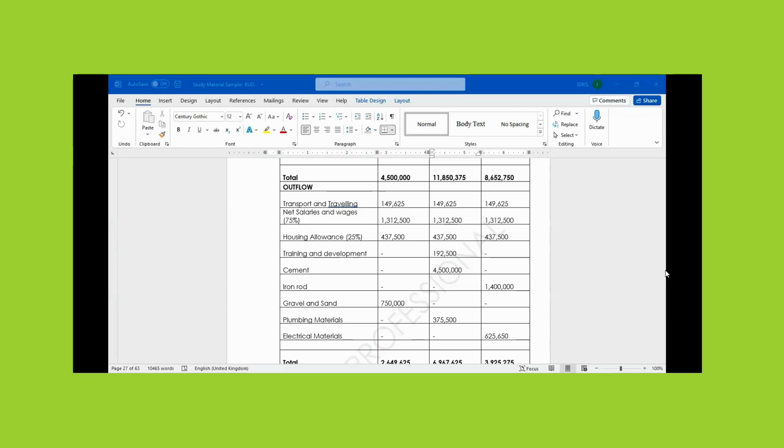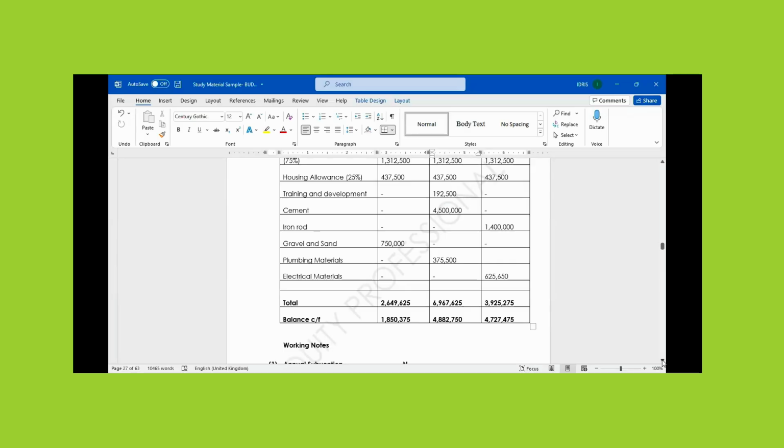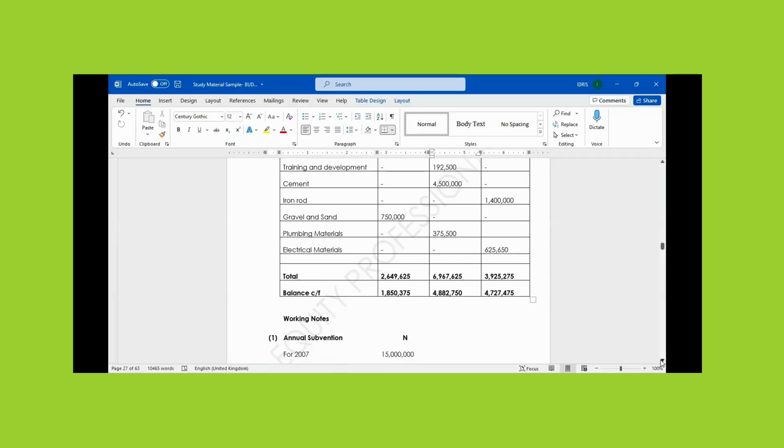It is 6,968,625. So the difference between the total inflow and the total outflow of February, the balance carried forward, will be 4,882,750.